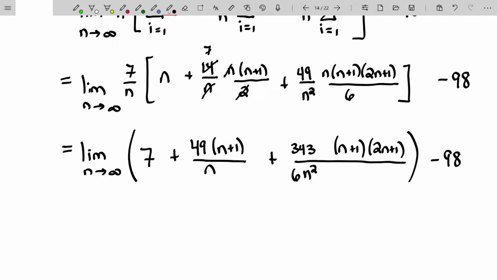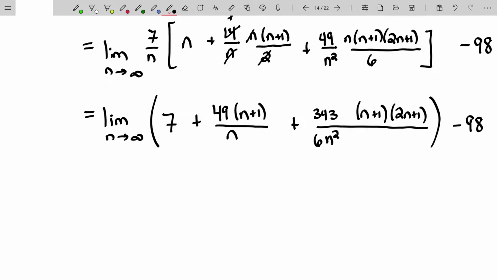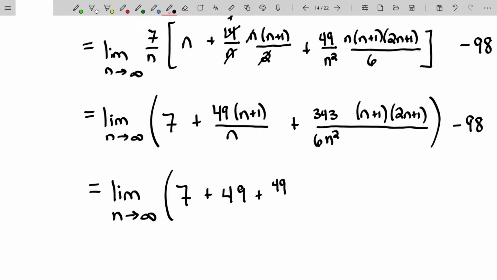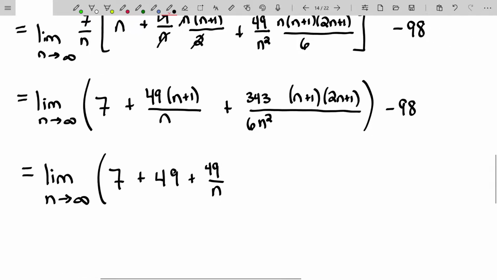And now we'll go ahead and maybe do a little extra manipulation. Since you're in Calc 1, it's probably a good idea for me just to do all the little calculations here. This is going to be 49 plus 49 over n. Right? If you distribute this 49 through, you get 49n plus 49. And n will go into those, so it'll give you 49 plus 49 over n.